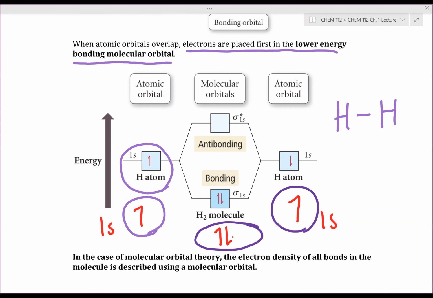Now, considering that our bonding orbital is lower in energy, have our electrons overall ended up in a lower energy state? Yes. Bonding electrons are lower in energy than non-bonding electrons. So, with that in mind, we're going to start to look at more complicated examples of orbital overlap.